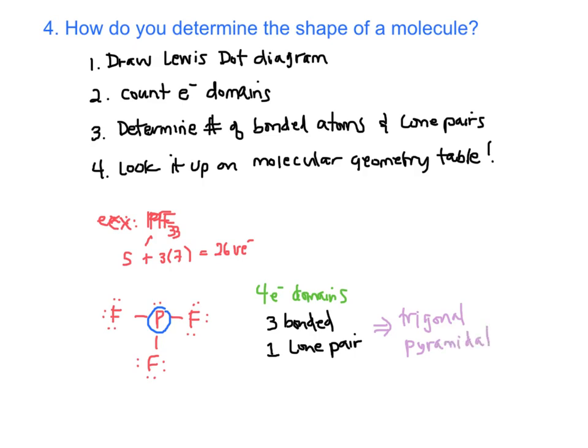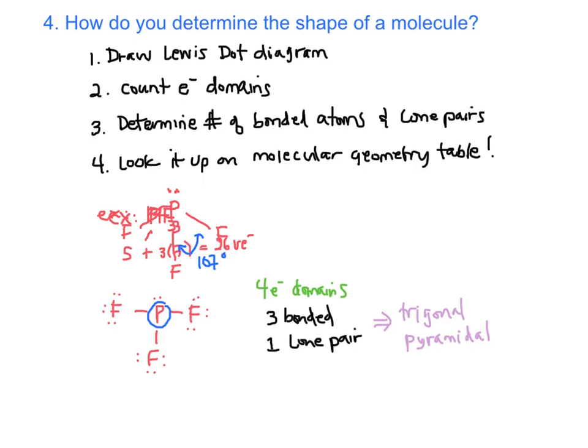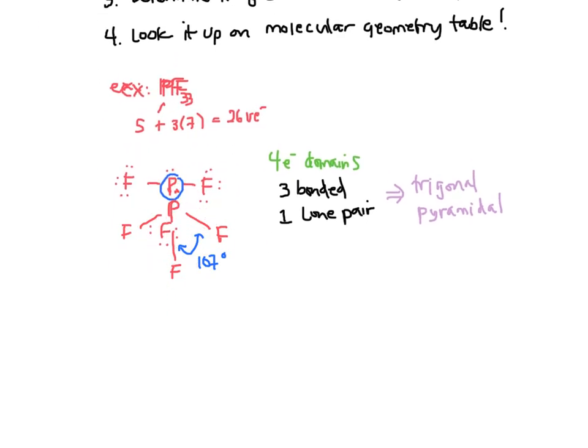So in fact, this molecule looks not T-shaped like this, right, because we have it drawn like a T, but instead it would look something more like this, with your phosphorus and your fluorines forming kind of this fun little pyramid shape.